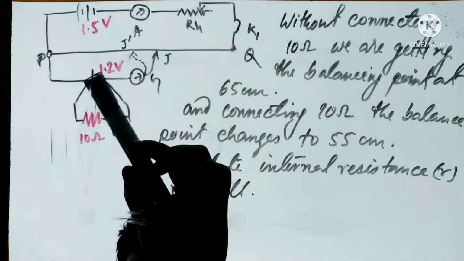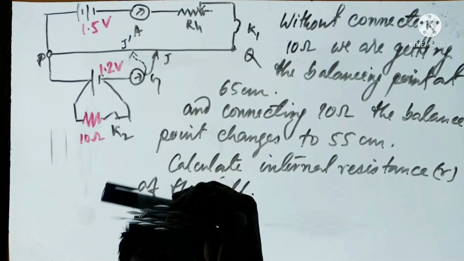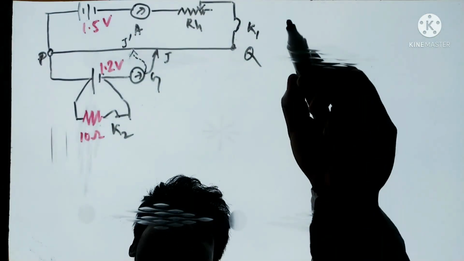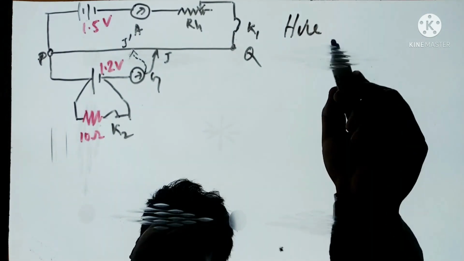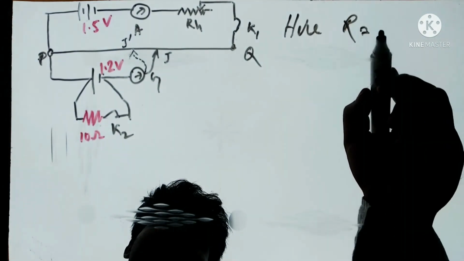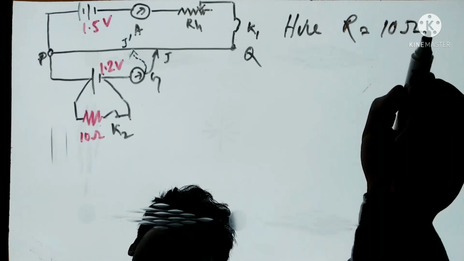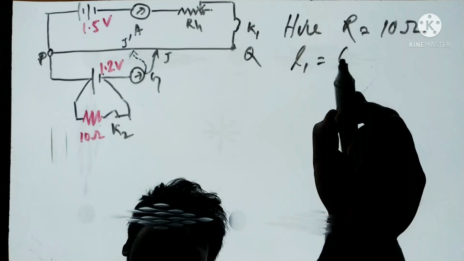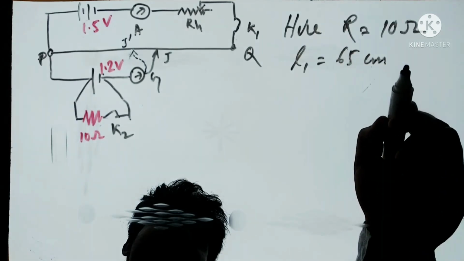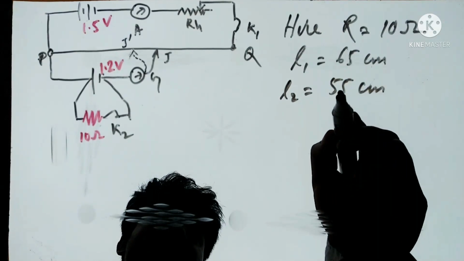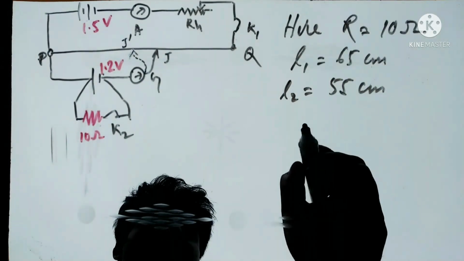Now to find out the internal resistance of this cell, how we have to perform it? Here the resistance R is equal to 10 ohm. Without connecting this resistance, the balancing point we are getting at 65, and connecting the resistance we are getting at 55 centimeter.